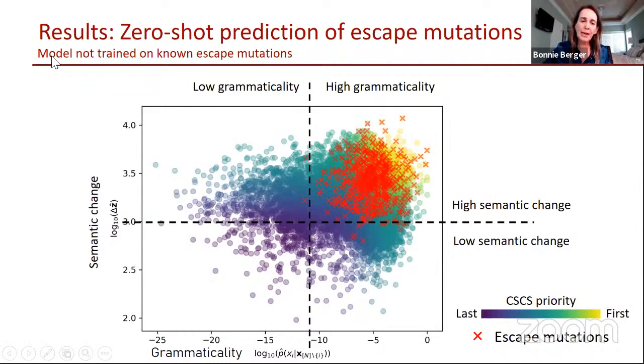So here we plotted a mutation to each point in influenza virus hemagglutinin based on our model's predicted score of grammaticality on the x-axis and semantic change on the y-axis. And we have a priority score for our model that goes from darker color to lighter green to yellow.